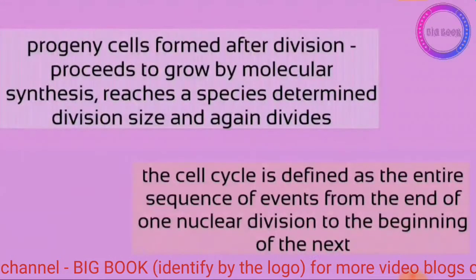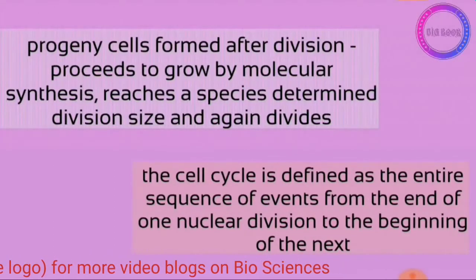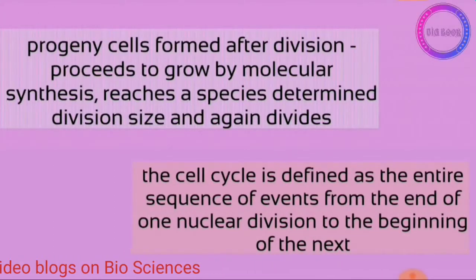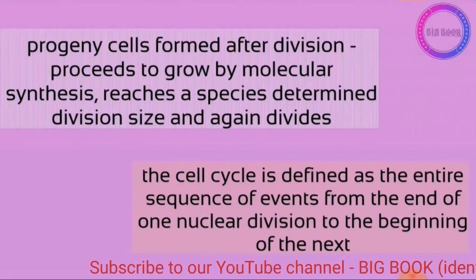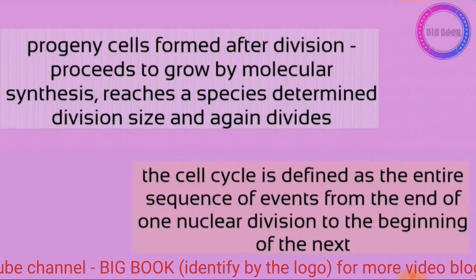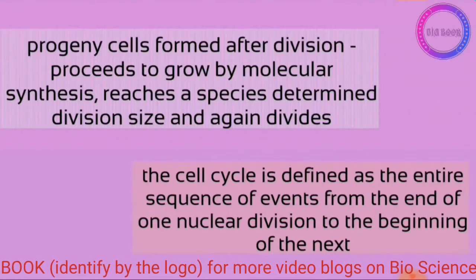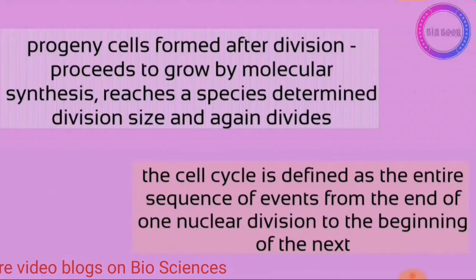G2 phase. Progeny cells formed after division proceed to grow by molecular synthesis, reach a specific determined division size and again divide. Now after the M phase, the progeny cells are going to form, that is the cytokinesis will take place, where the cytosol and all other organelles will reappear in the progeny cells, and the progeny cells are going to grow by molecular synthesis, such that they reach a specified determined division size and again divide.